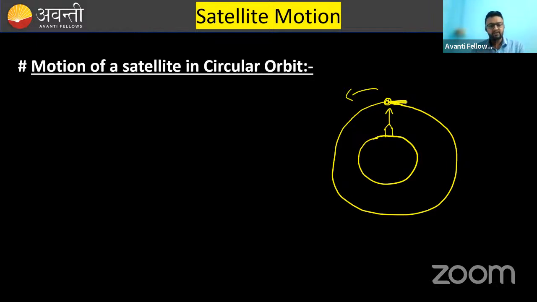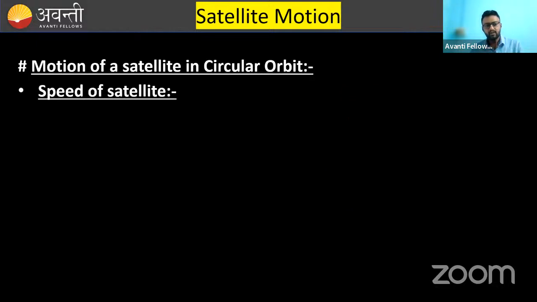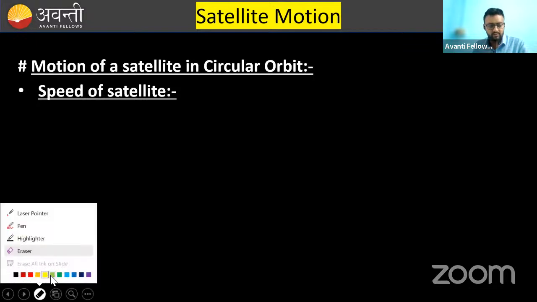So let's start with our task. Speed of the satellite in a particular orbit. Just suppose, again, I'm drawing the diagram. Suppose this is a planet.